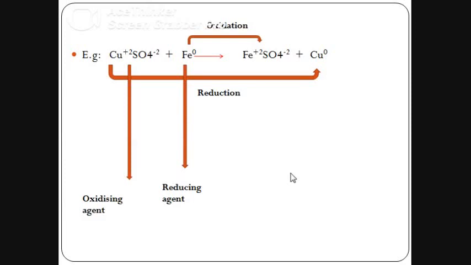Yes children, here in iron, 0 is the state or charge of iron, as it is neutral, having an equal number of protons and electrons. And now when ferrous sulfate or iron sulfate is formed, the state of iron has become +2, that is, the charge on iron is +2, that is loss of electrons.